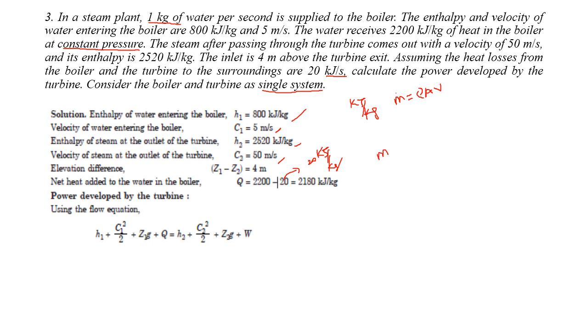We notice the mass flow rate value is given as 1 kg per second, right? So then we multiply, and we are getting 20 kilojoule per kilogram. So 2200 minus 20, 2180 kilojoule per kilogram.